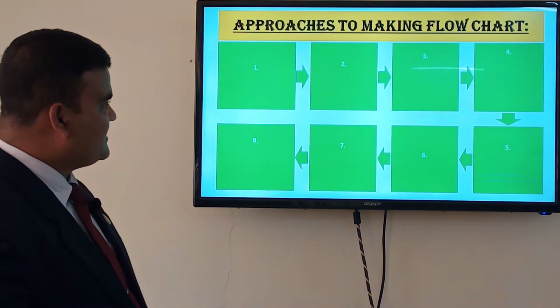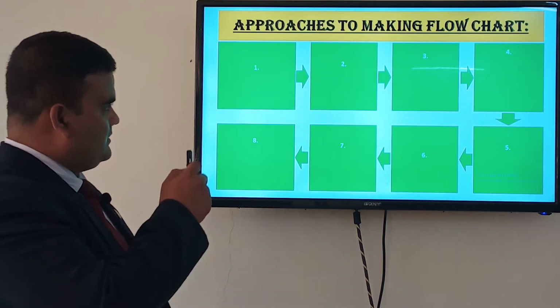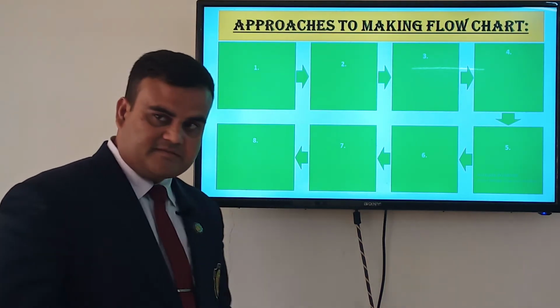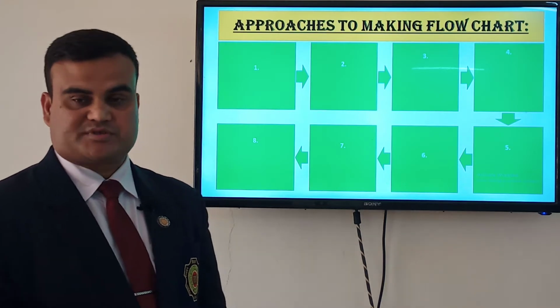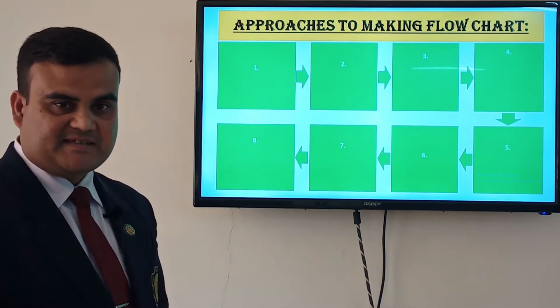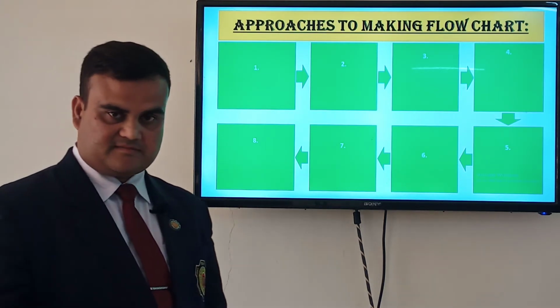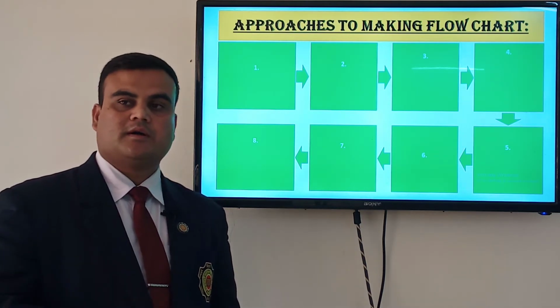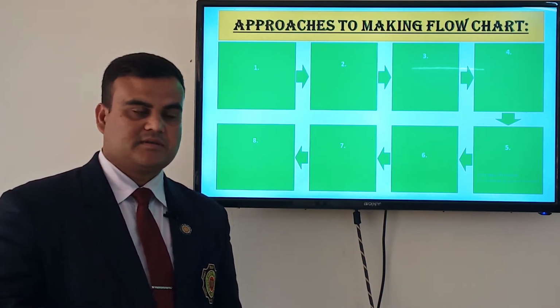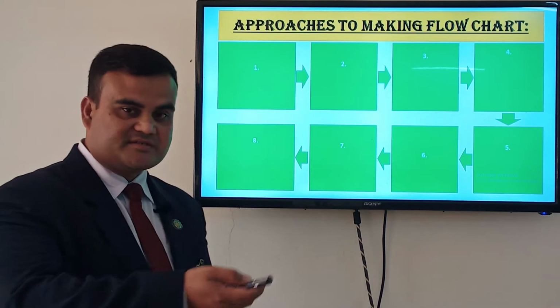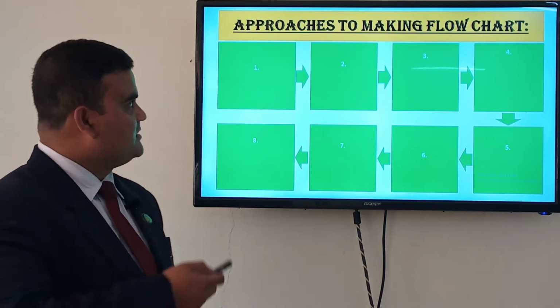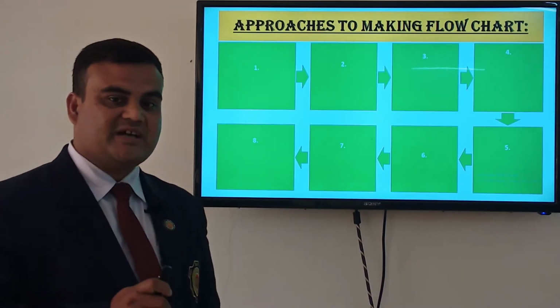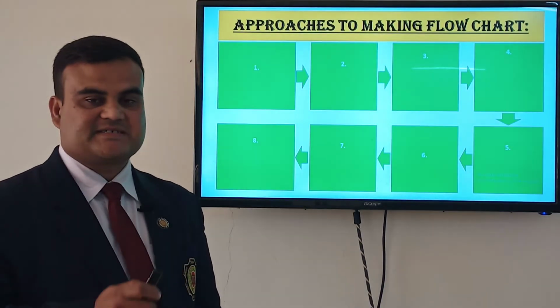Similarly, you will get here the techniques. These techniques are called approaches, that is, strategies for answering a question. In the case of some other questions too, you must follow some approaches before answering.